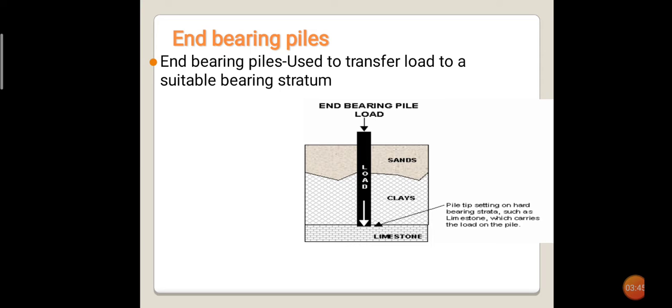It gives lateral support and increases the load carrying capacity. That is why we place the limestone at the end, and that is why it is known as end bearing piles. It is capable of carrying more load.